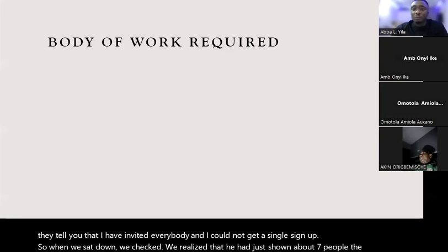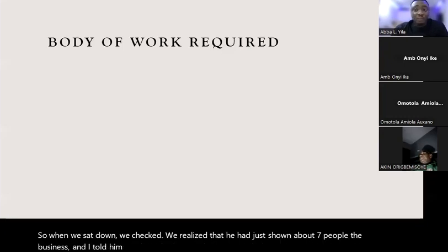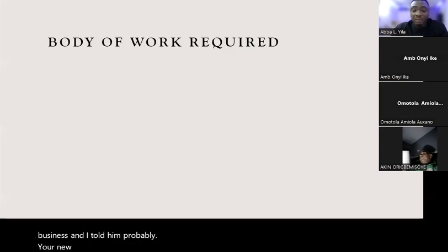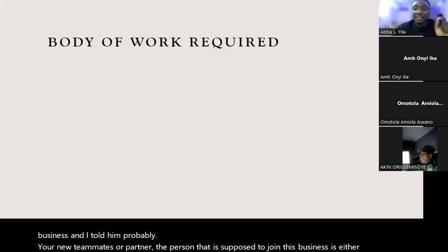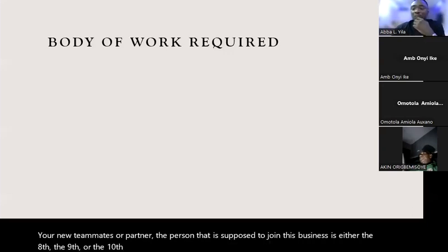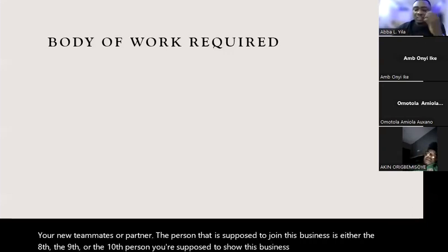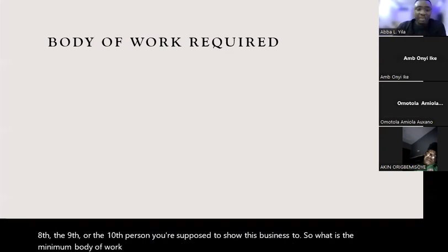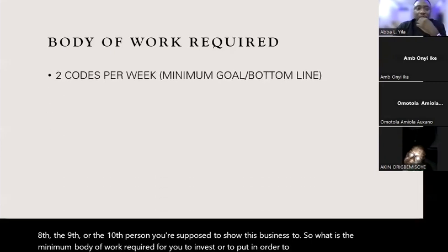And I told him, probably your new teammate or partner, the person that's supposed to join this business, is either the 8th, the 9th, or the 10th person you're supposed to show this business to. So what is the minimum body of work required for you to invest in order to create results?